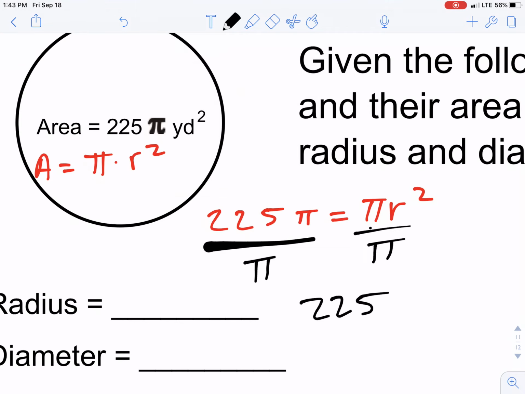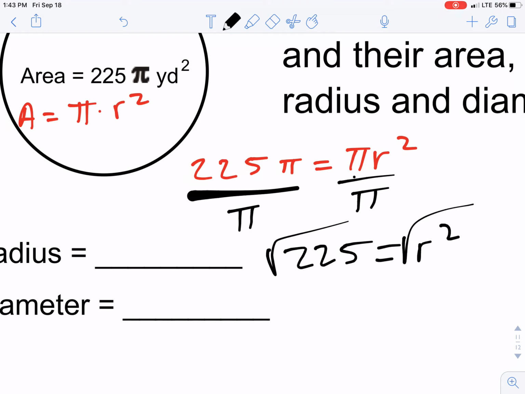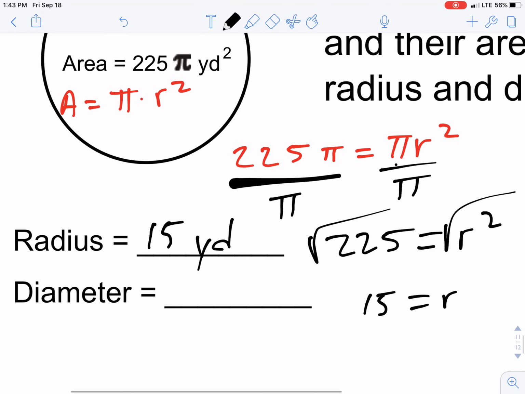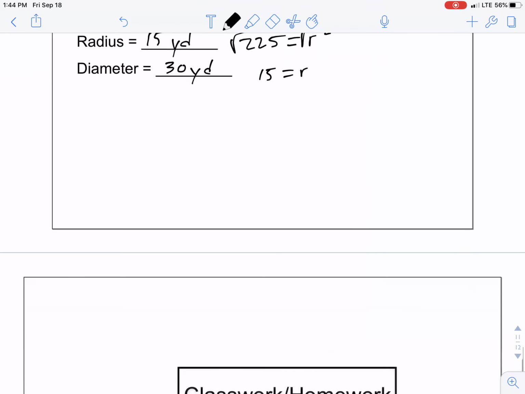Get 225 is equal to r squared. How do I get rid of the square? We're going to take the square root. The square root of 225 is equal to 15. So the radius is 15 yards. Do not forget about the units of measure. 15 is the radius. That means double that, and you get the diameter is 30 yards.